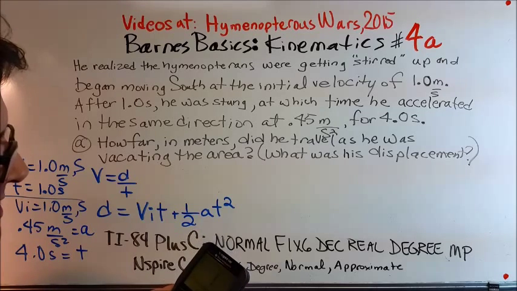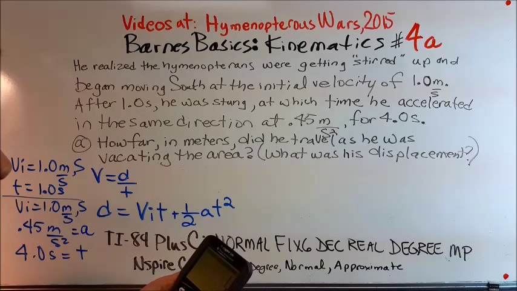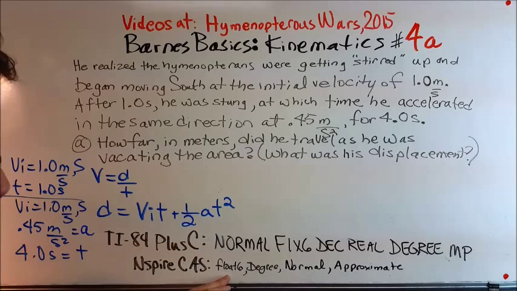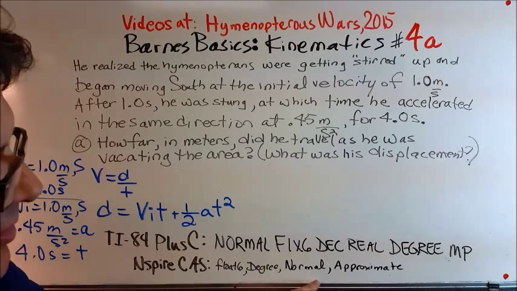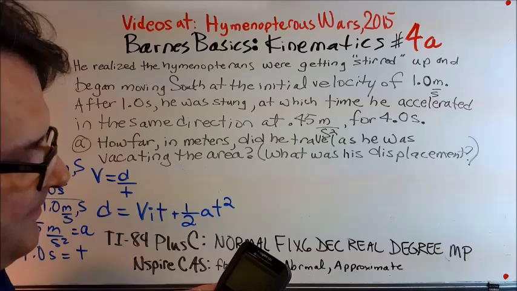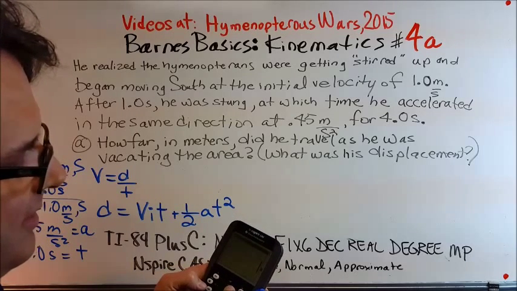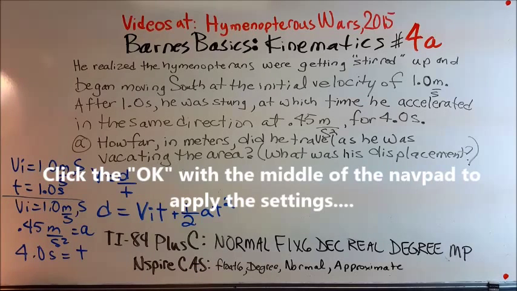When we look at the TI-Nspire CAS, if we hit the on button and we're home, then if we use our navigation pad and go to settings and then document settings, we can make sure that we have float 6, degree, normal, and approximate in the list here. Then go all the way down to the bottom and use your nav pad to go to OK, and that will apply this to the document that we're using.